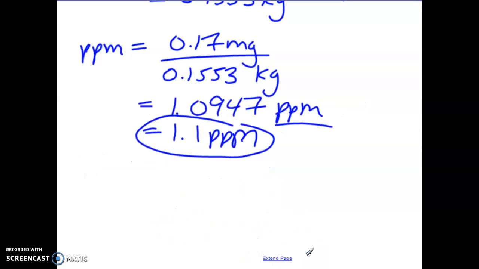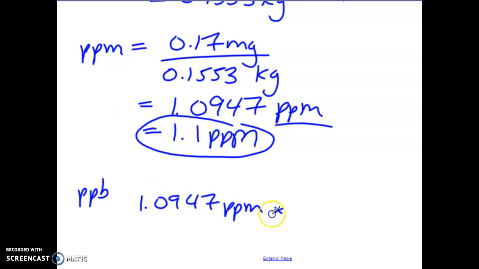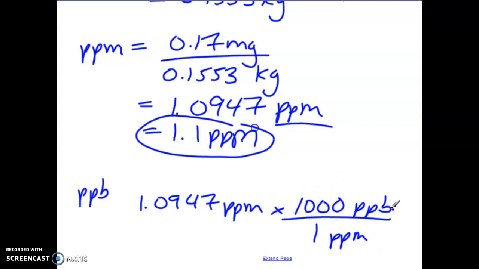Okay, so now the second part is to solve for parts per billion. So really we're taking our value, and remember, anytime you're continuing forward, you don't want to use your significant digit value, you use your original number, and that's always, in any case, in any calculation. So we have 1.0947 parts per million, and we know in every 1 part per million, there is 1,000 parts per billion.